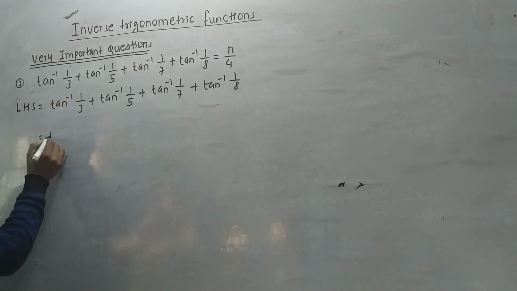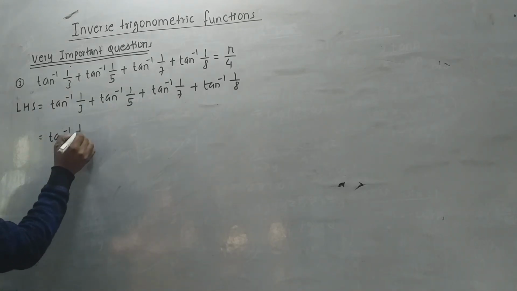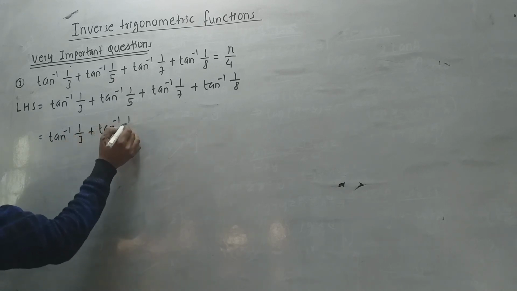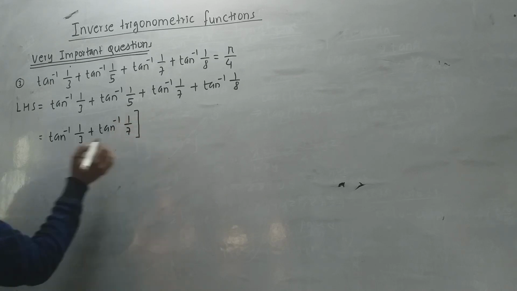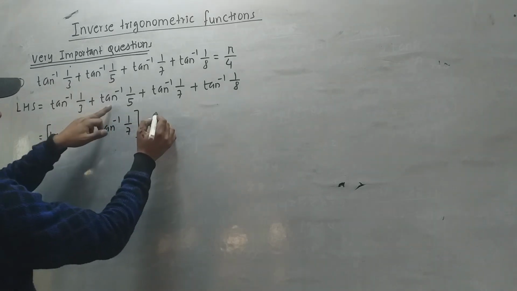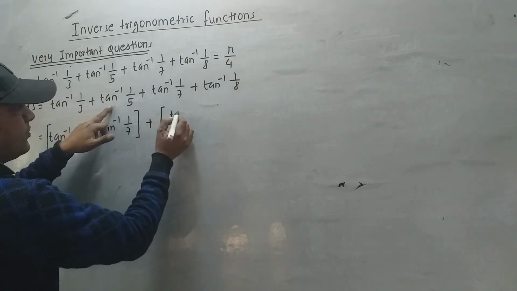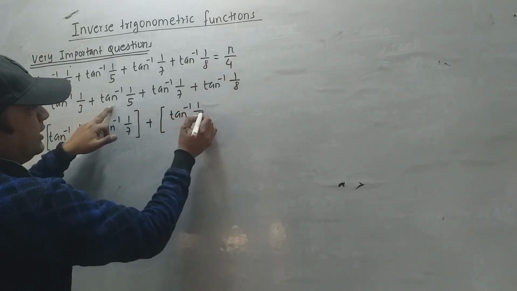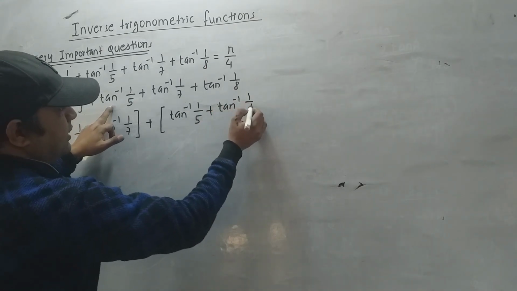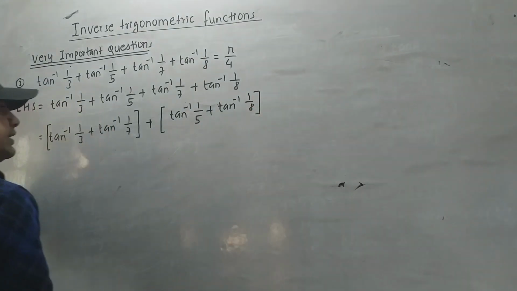So let me write tan inverse 1 by 3 plus tan inverse 1 by 7. Group these two, so simplification will be easier. Plus tan inverse 1 by 5 plus tan inverse 1 by 8, which makes for quick calculation.